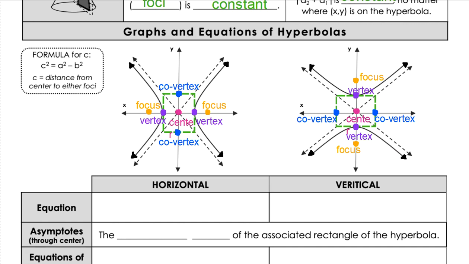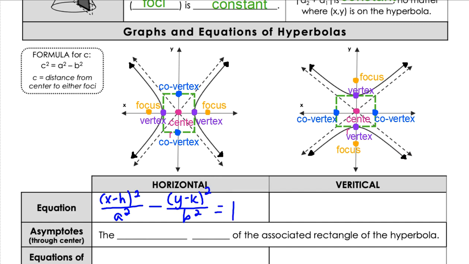If it is horizontally oriented, our equation for a horizontal hyperbola is going to be (x minus h) squared divided by a squared, minus (y minus k) squared divided by b squared, equals 1.